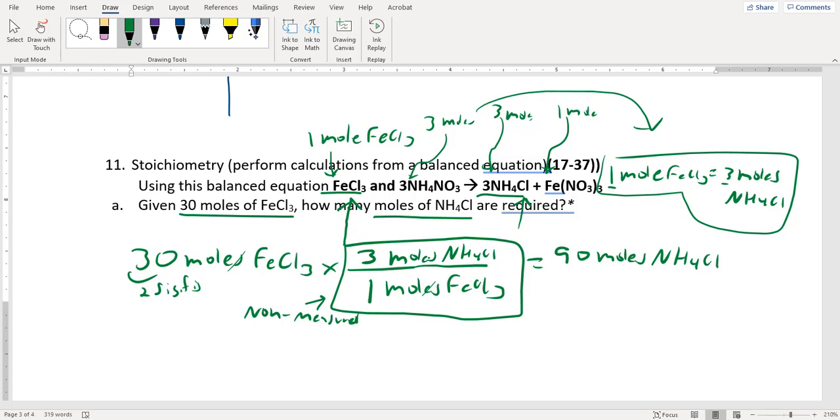Now, we've already learned that you can convert moles into grams and moles into molecules. So now we're going to combine what we learned in Chemical Reactions Conversions Part 1 with Chemical Reactions and Conversions Part 3.